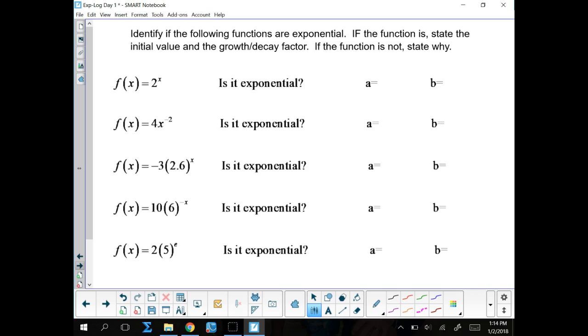Yeah, so it's an exponential function. So what's my b value then? 2. Do we agree with 2? 2 is the b value, the base of the exponent. The a value is the number that's being multiplied. Can't be 0. So that means in this case it's got to be 1.